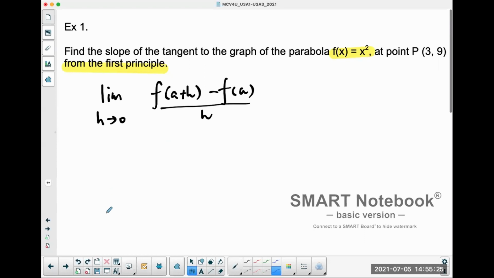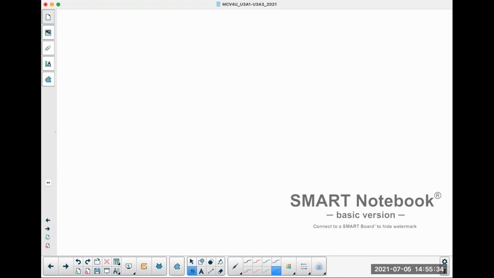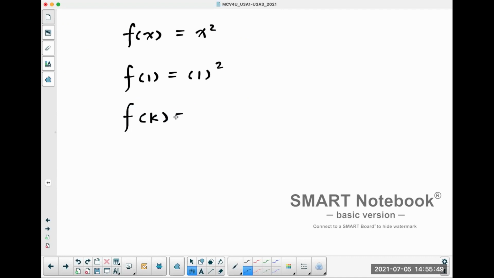Okay. Now, let me talk a little bit about this idea of a function, right? You guys should have learned functions back in grade 11, but some students are not very familiar with it. So let me just again show you what function notation means. So if f at x equals x squared, f at 1 means you sub 1 in for x, right? f at k means you sub k in for x.